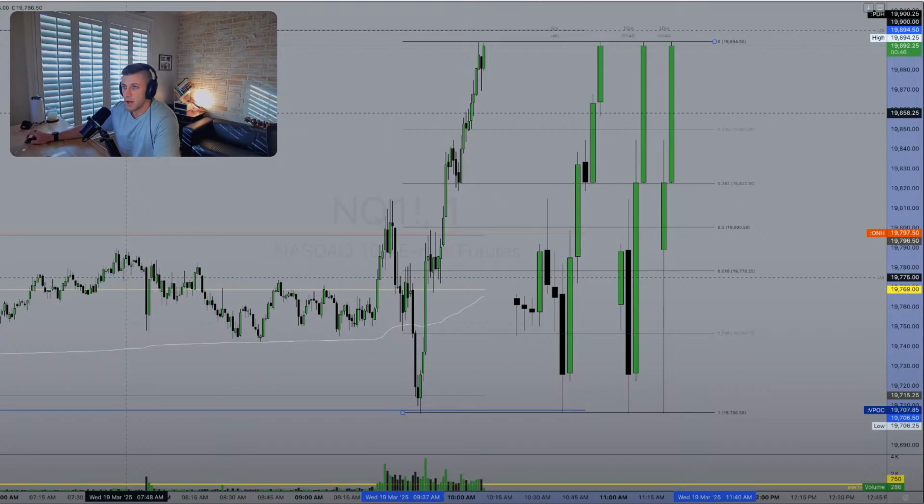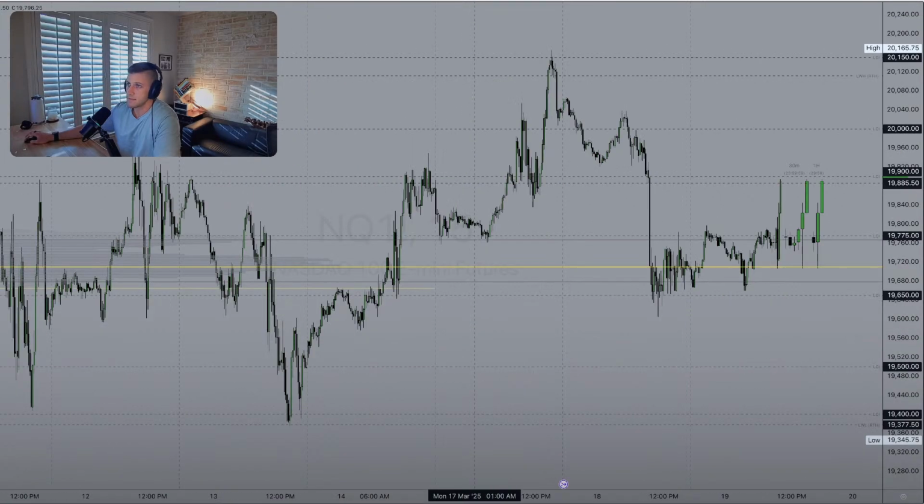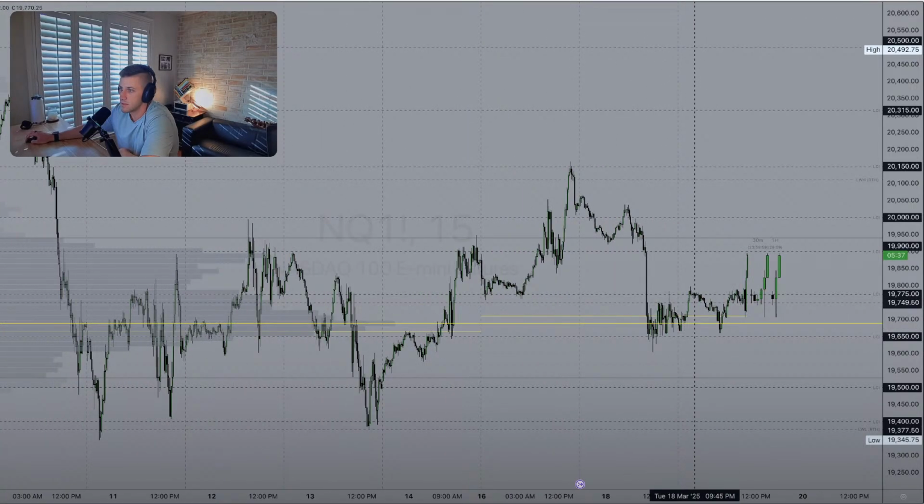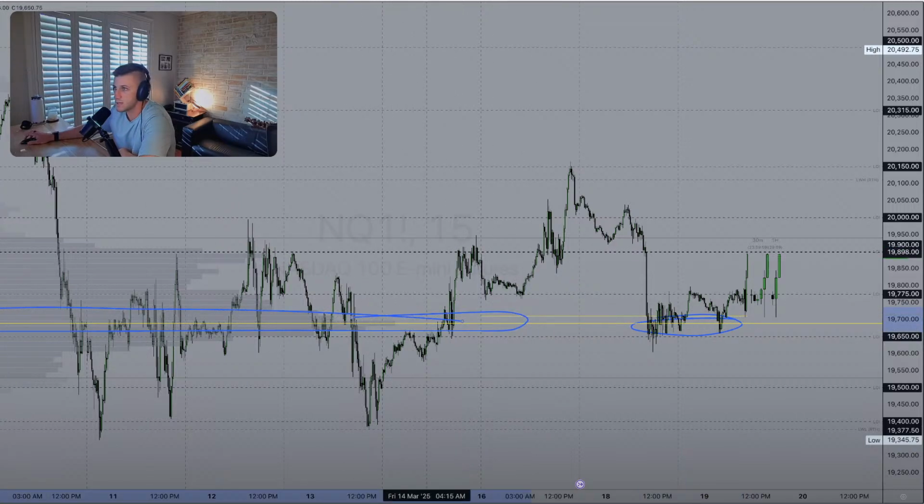If we remember the context, 650 is the midpoint. Last week, volume point of control. Right. So was all this action accumulation from last week and yesterday as well?